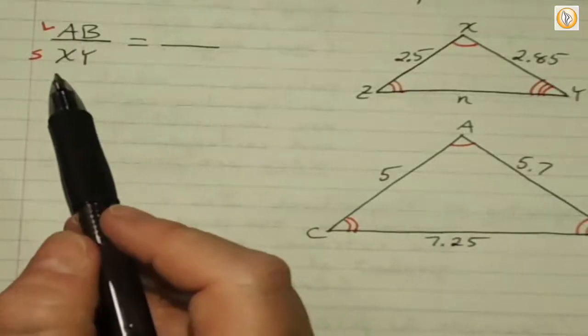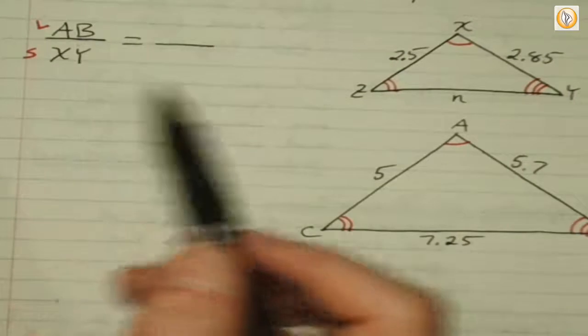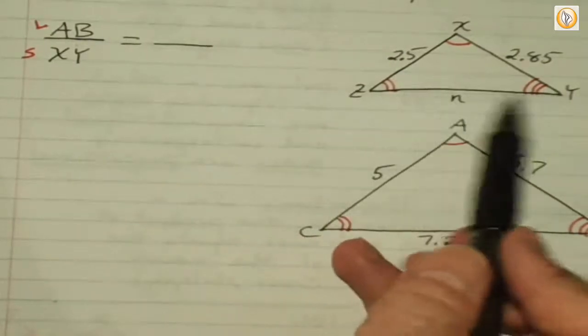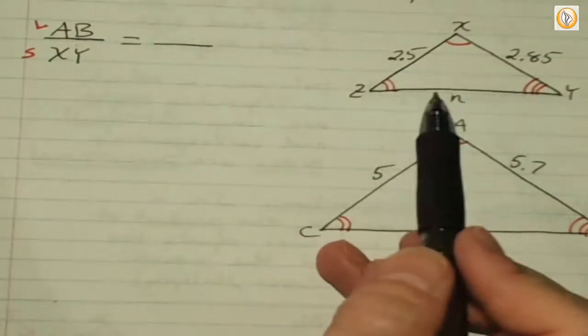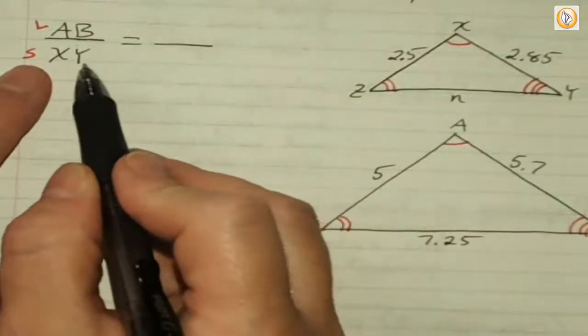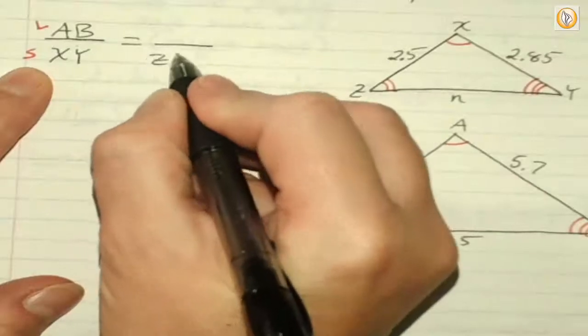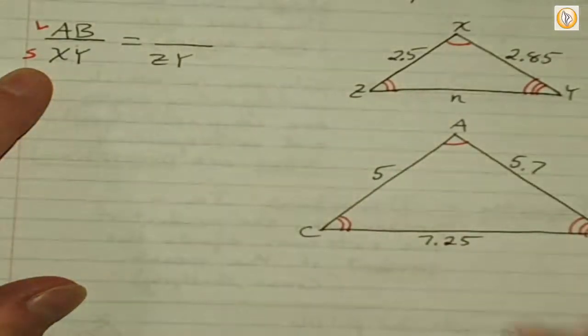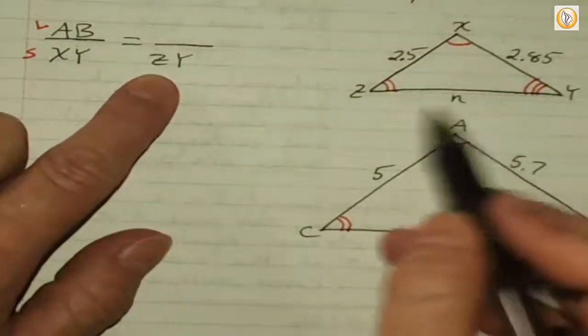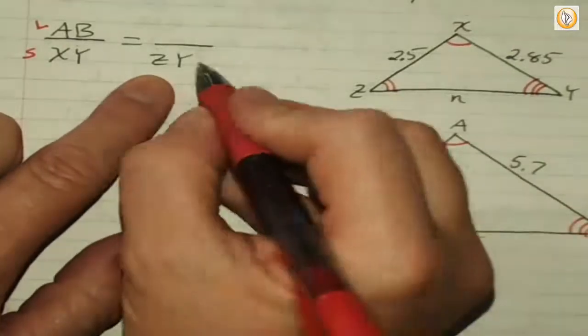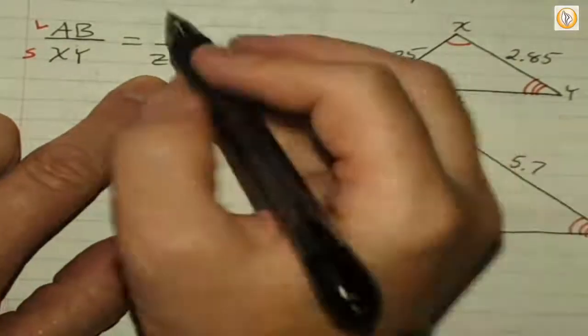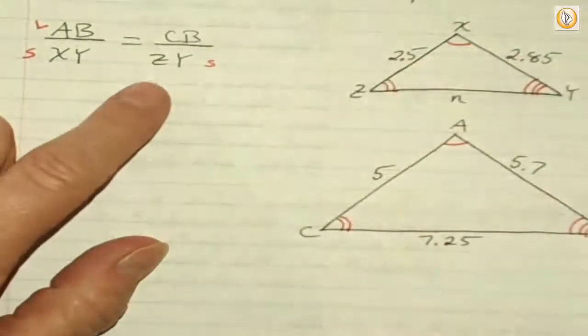So I have large on top, small on bottom. So where should I put ZY? Bottom. We want to keep the smalls together and larges together. So ZY on the bottom. And what side does ZY correlate with? CB. And that's your large.